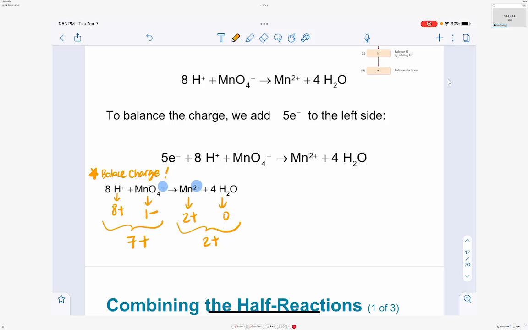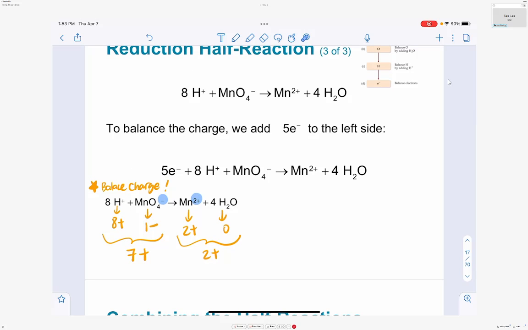To balance the charge on both sides, the only way is by adding electrons, right? So we need to add 5 electrons on the left side. By adding 5 electrons, the charge on the left side will become 2 positive, then it will equal the right side's charge.